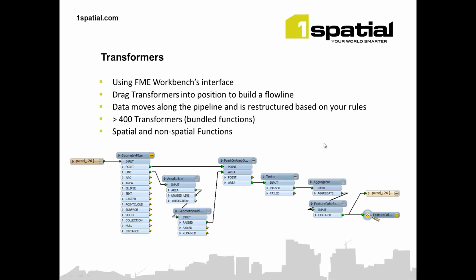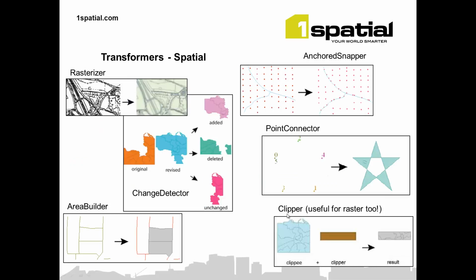There are over 400 of these bundled functions called transformers, and they do things like spatial operations such as snapping and change detection, point connection if you have a GPS route dataset perhaps, clipping out content, for raster, vector, 3D, LiDAR, anything can be clipped.